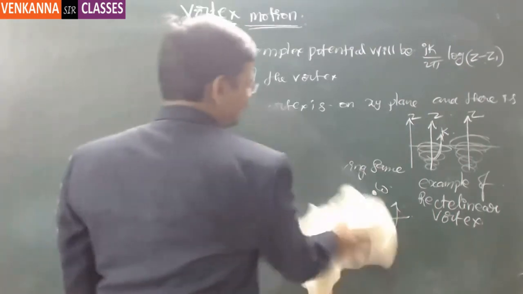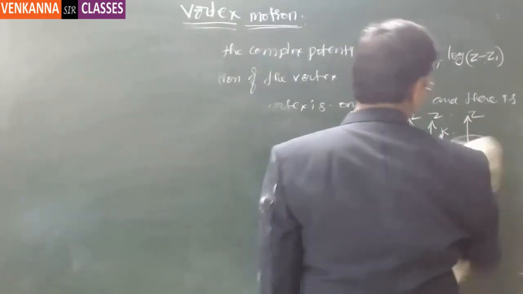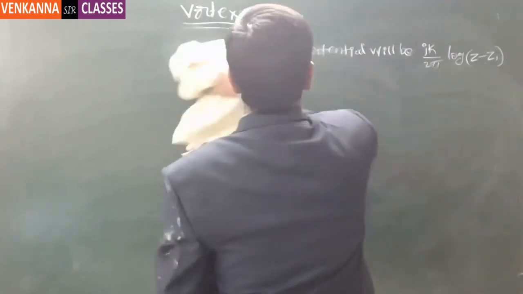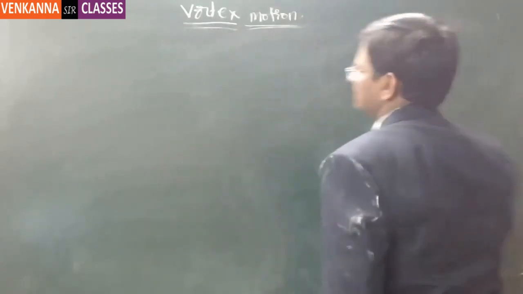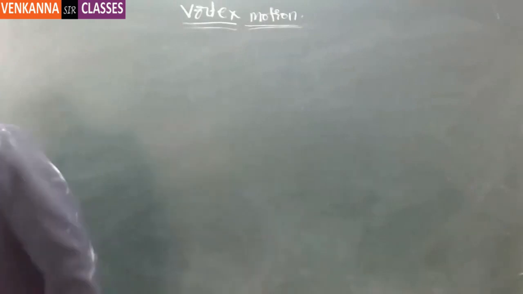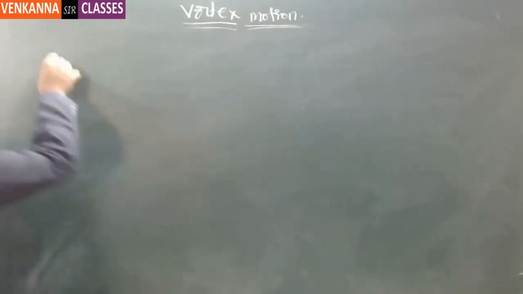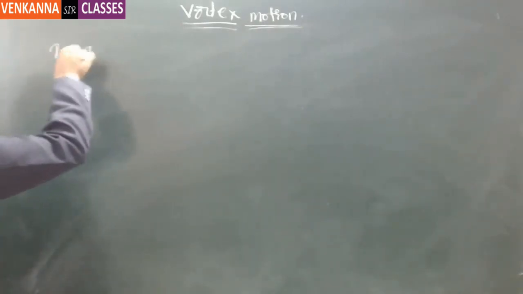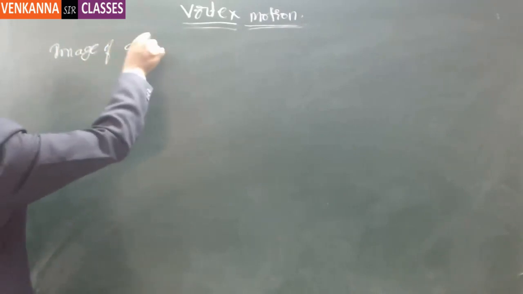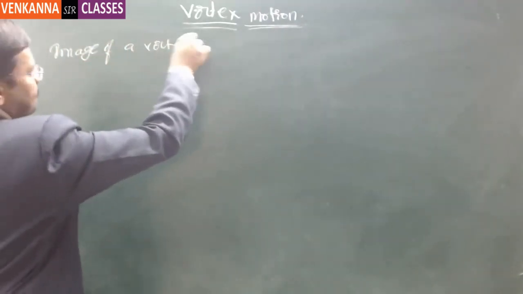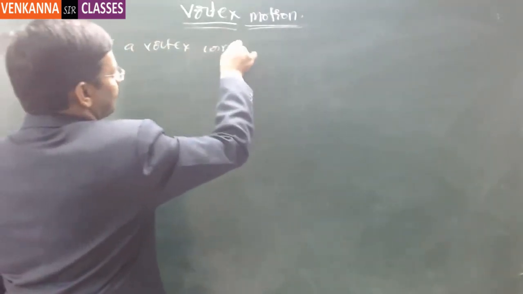Now we'll understand the image of a vortex. Two different cases we will try to understand. One is the image of the vortex with respect to a plane.